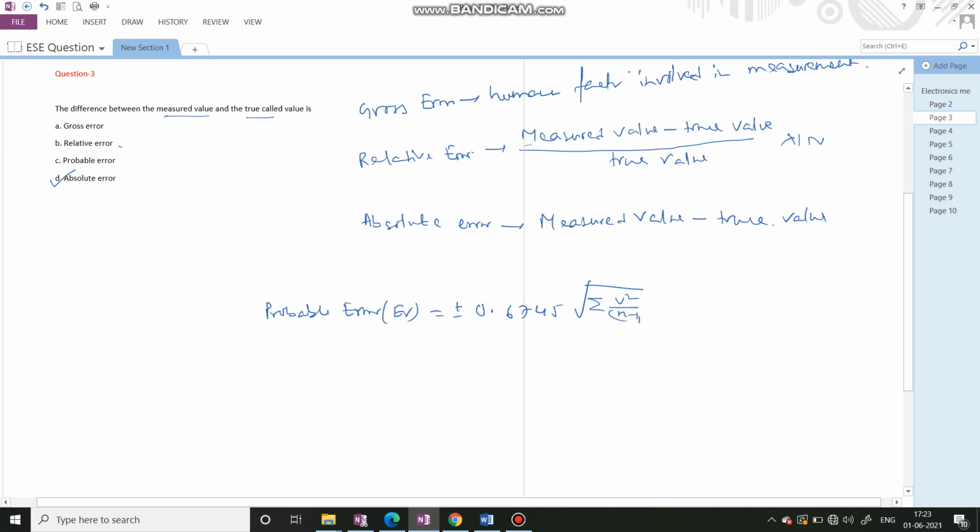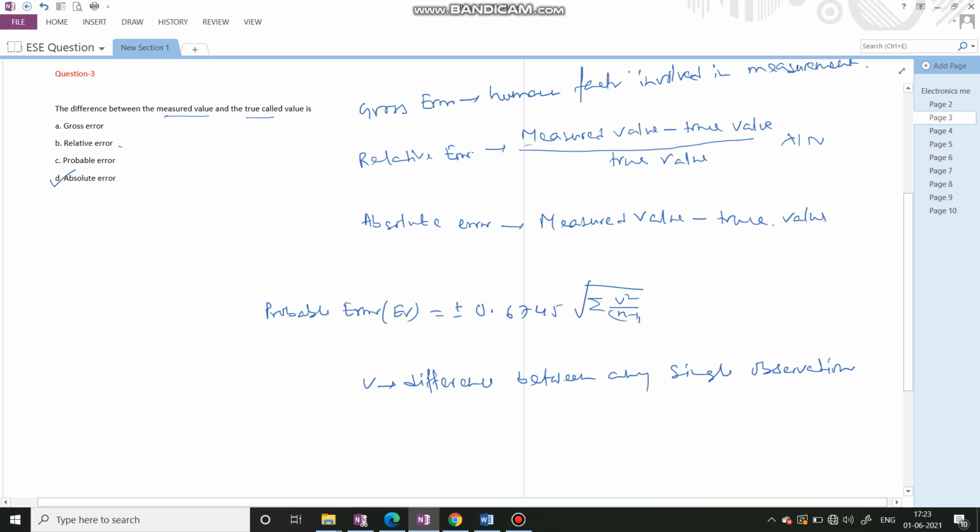Now, what is V? V means the difference between any single observation, that means taking one measurement, and the mean of this series.